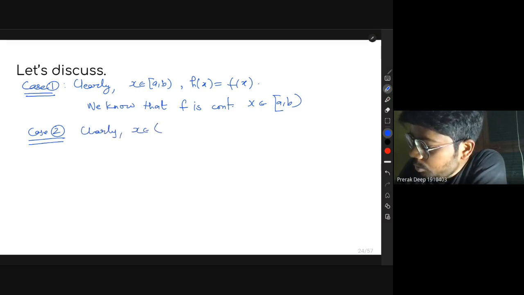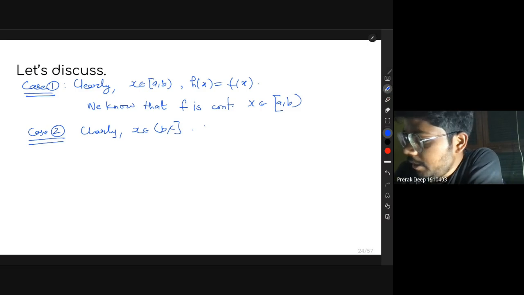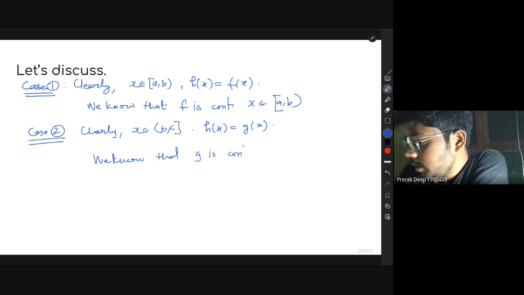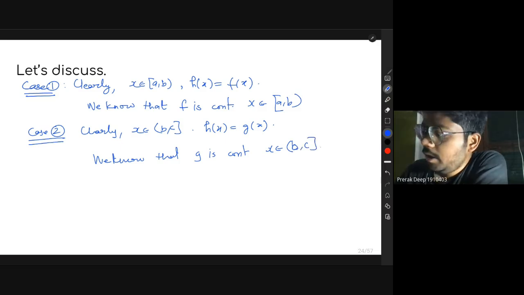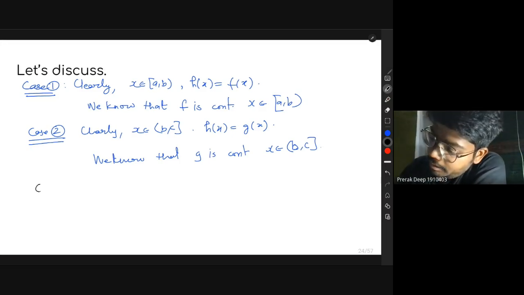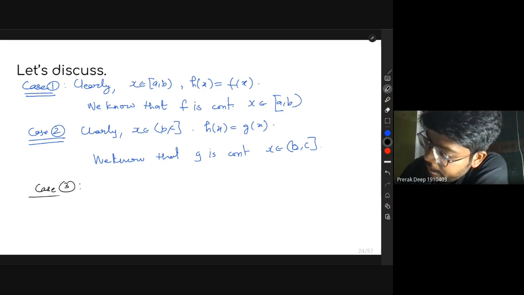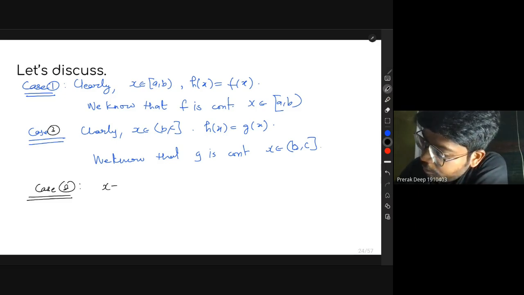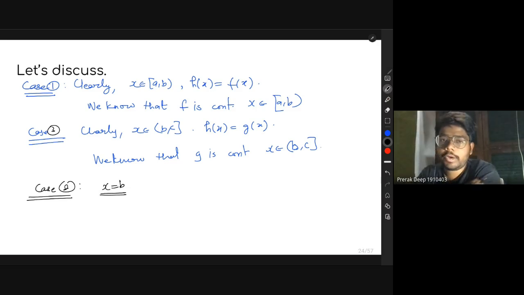If you take x in this interval, your h(x) is nothing but g(x). So we know that g is continuous for any point taken in this interval. Now the only problematic point you may find is when x equals b. That's the only interesting point we need to look into.